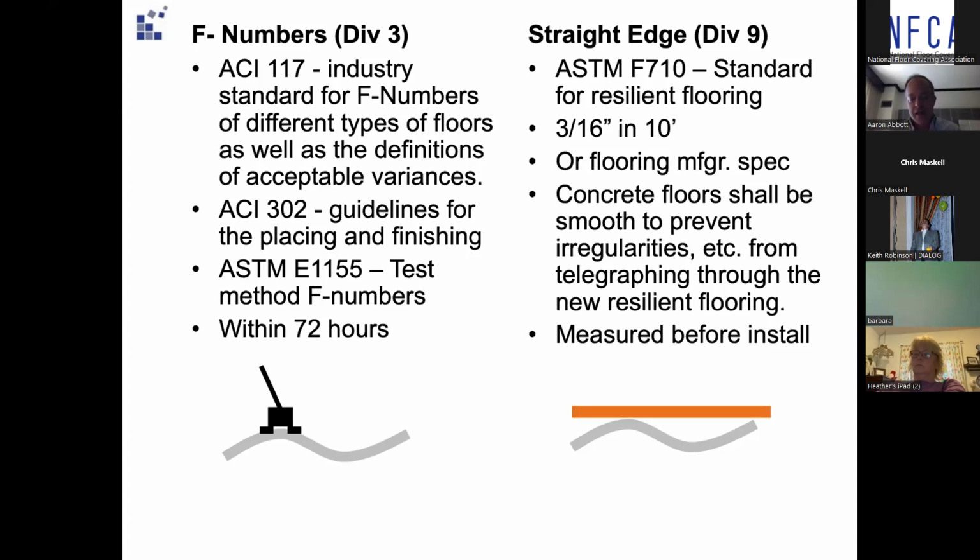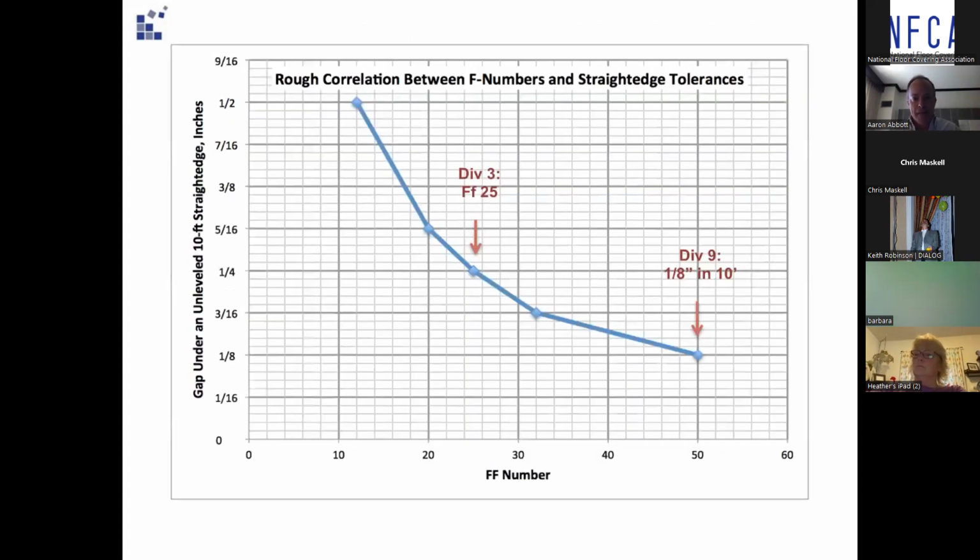Concrete installers are typically measuring these floor flatness numbers, if they're using them, within, say, 72 hours. The Division 9 floor covering people are doing their straight edge test right before installation. So keep that in mind.